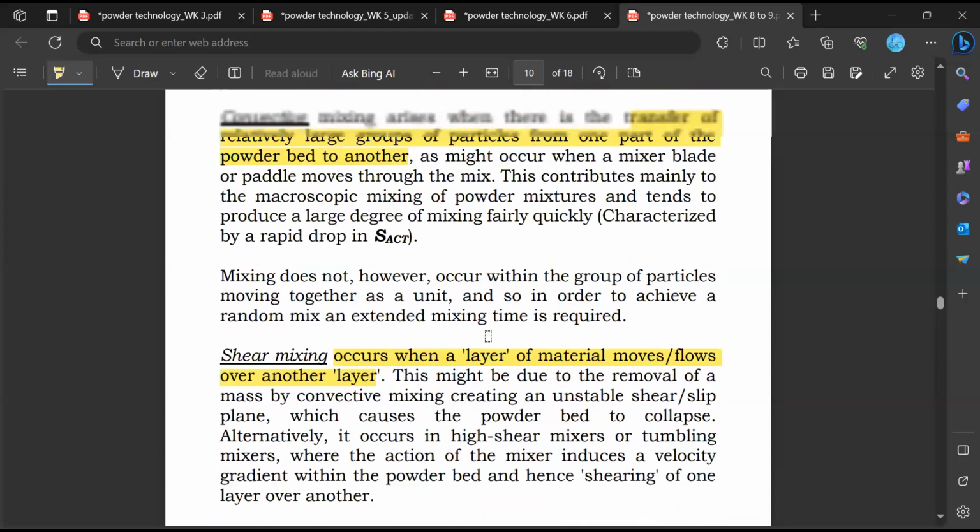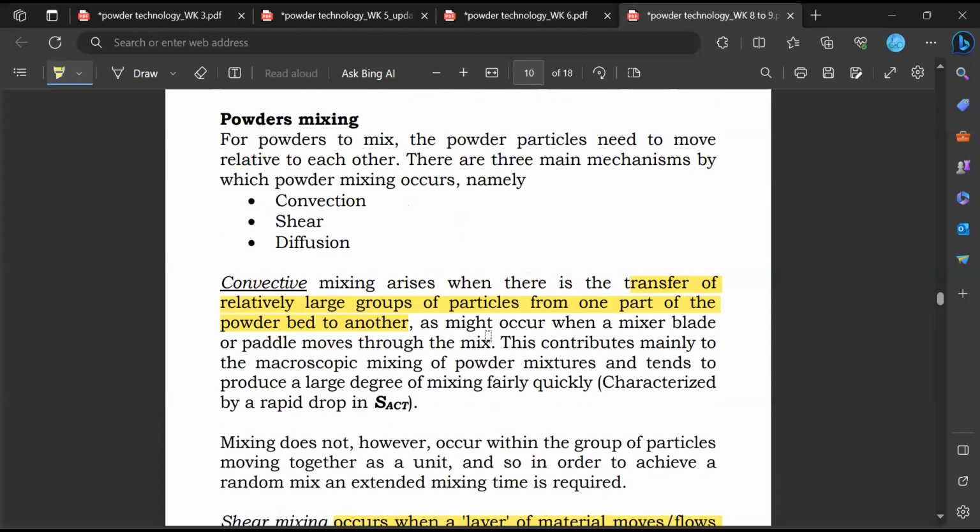So, there are three types of mechanisms for powder mixing. First one, convective mixing, where large particles are transferred from one part of the powder bed to another part.